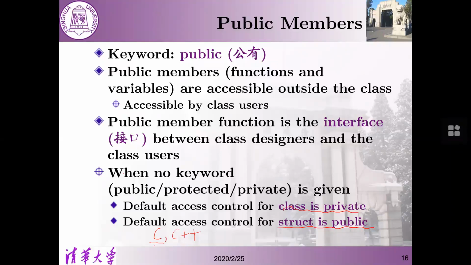The struct is already in C. In struct, in C programming language, we only have data members. So now in CPP, we have classes and we can put functions into this struct.